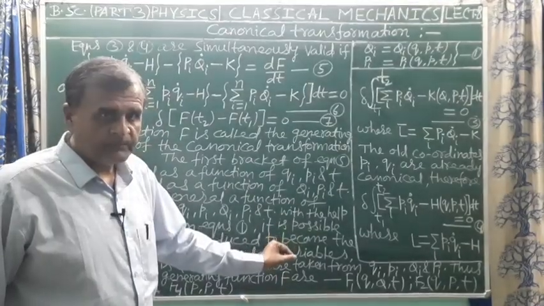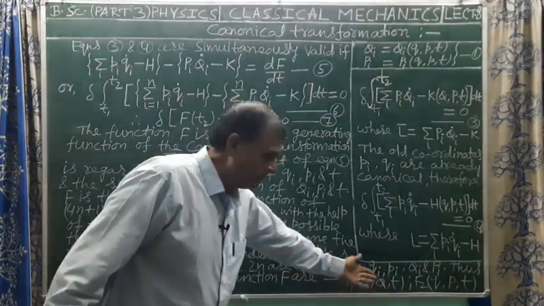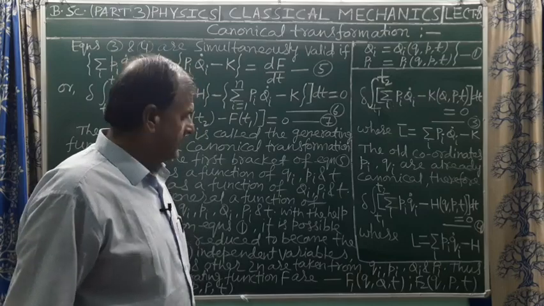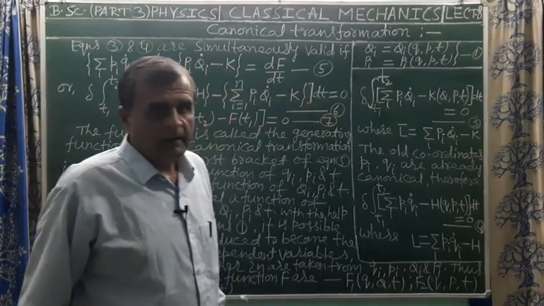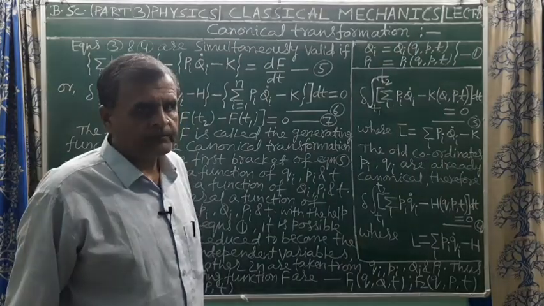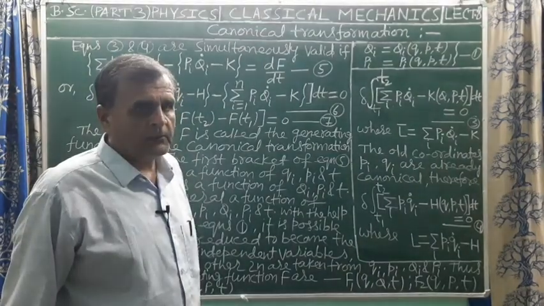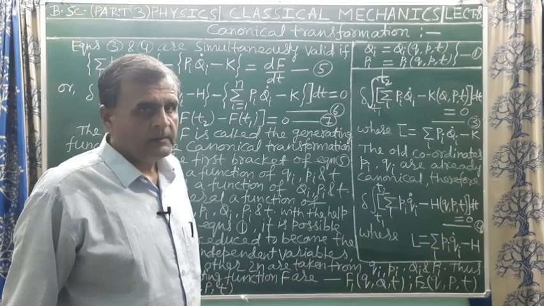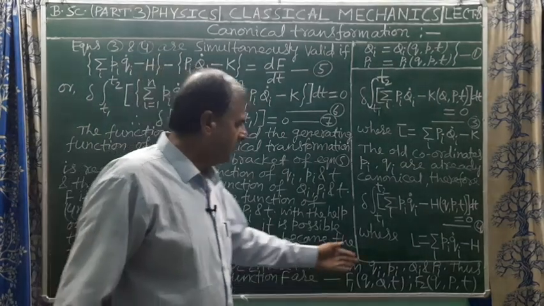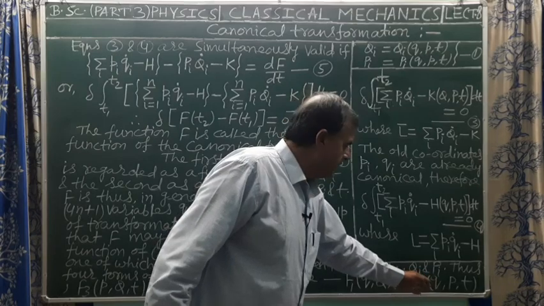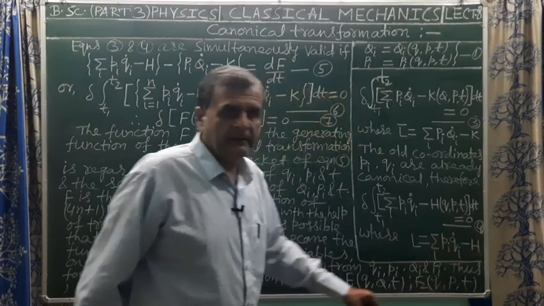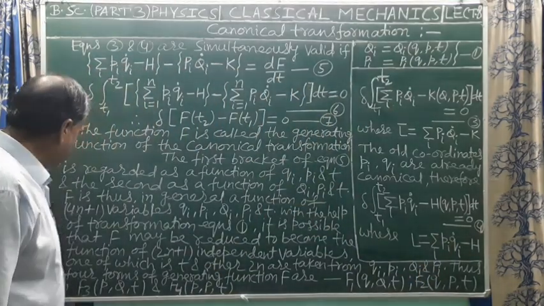That is, F1 is a function of 2n plus 1 variables, while the second generating function F2 is also a function of 2n plus 1 variables, that is F2 is a function of a small q, capital P, and time t.